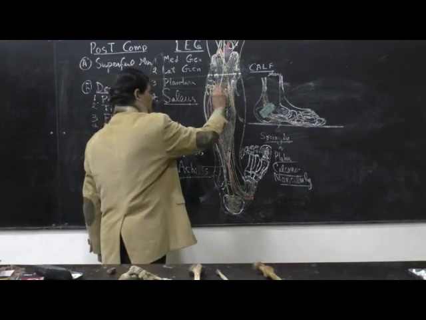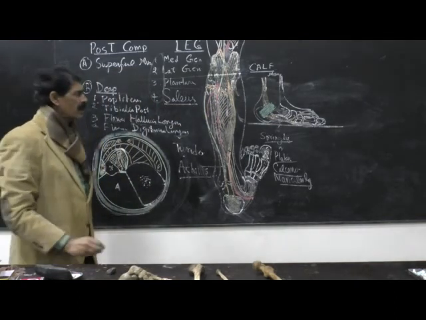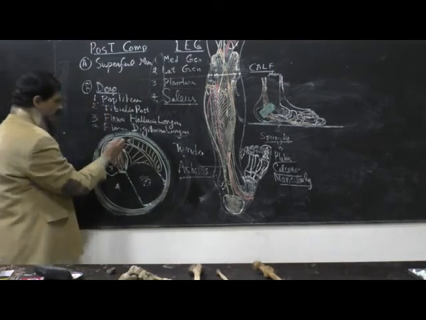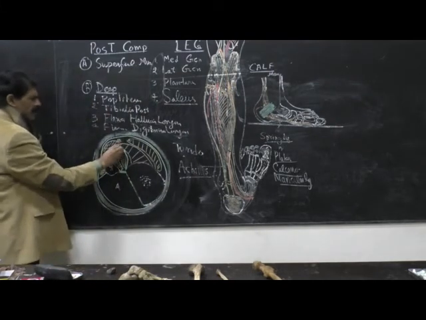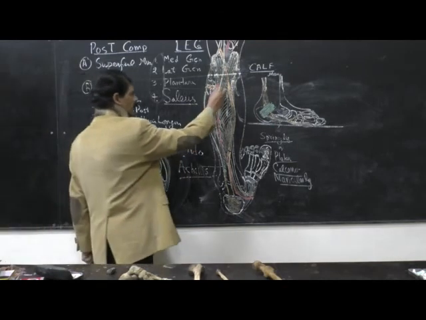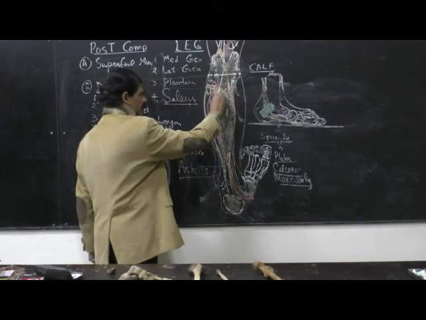Here this tibial nerve accompanies the posterior tibial artery, and it is present between the superficial and the deep compartment of the posterior compartment of the leg, and it gives various branches to all the superficial and the deep muscles.